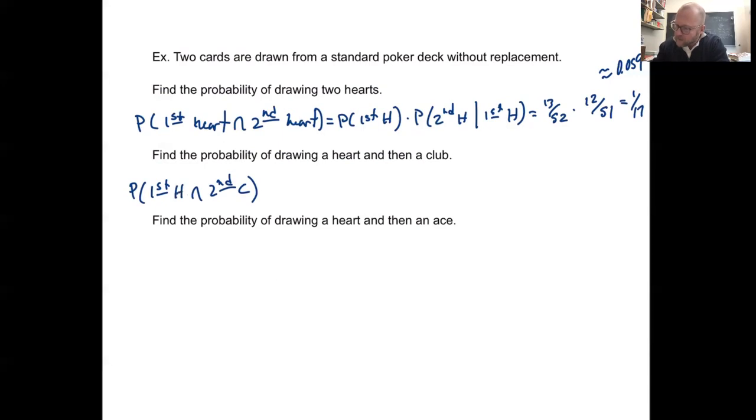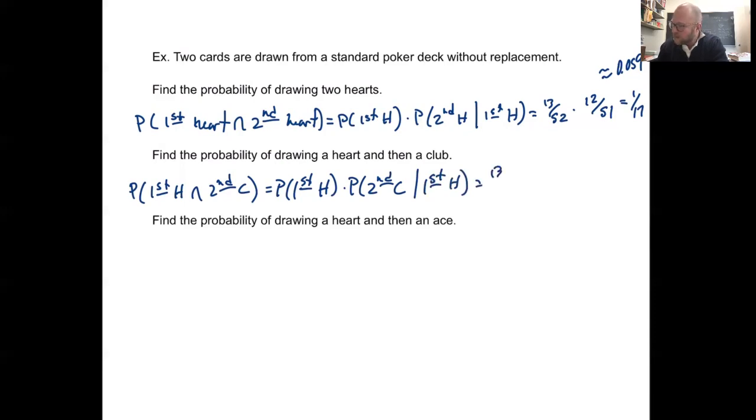So doing it the same way, the probability that the first is a heart times the probability that the second is a club, given that the first was a heart.